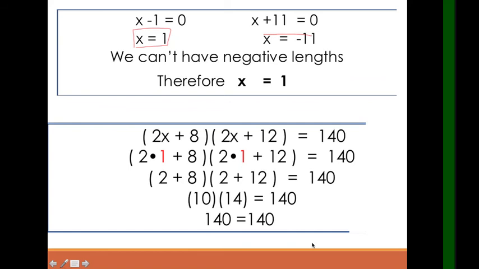If parehong 140 ang makukuha mo, same with the area na given, your answer is correct. So therefore, the width of the path na inadd doon sa ating rectangular vegetable lot is equal to 1. Okay?